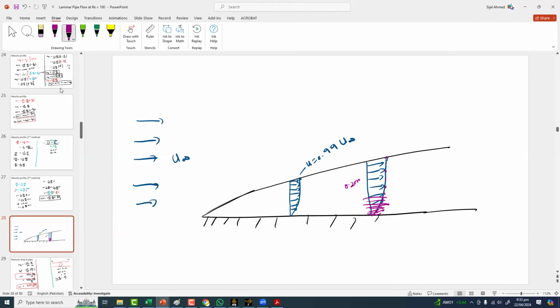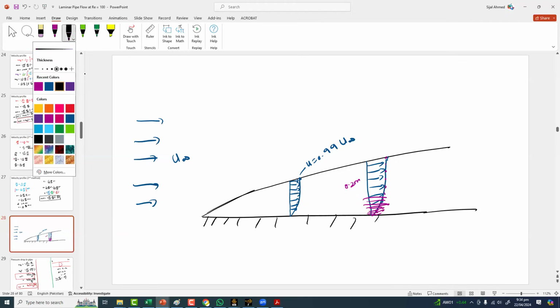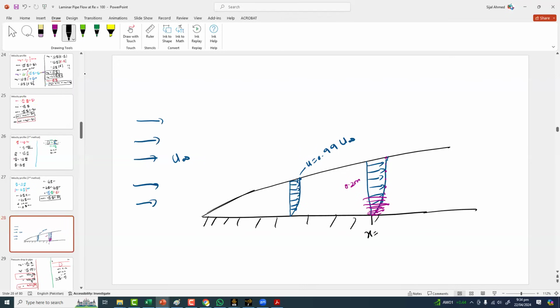Correct, right? Now this is okay for this profile at this location, let's say x is equal to some value. Now what about the mesh size? If you talk about the boundary layer over here, maybe fewer cells here. What about the boundary layer here? It is increasing even more.